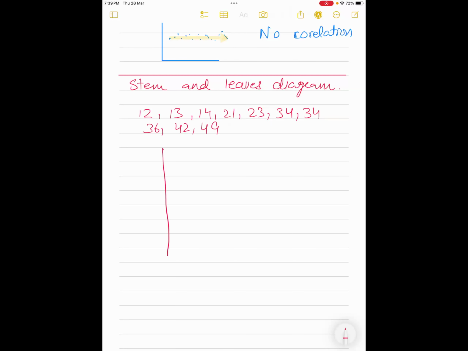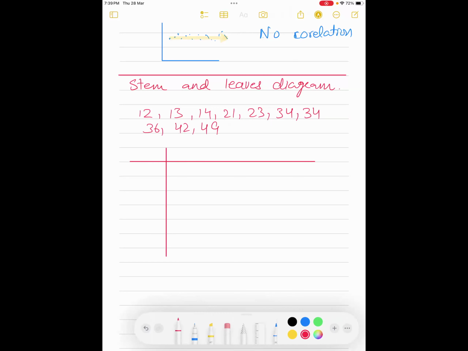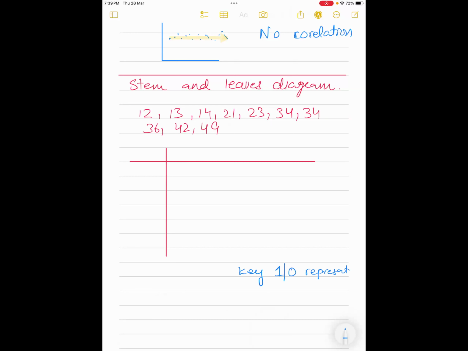Stem and leaf diagram is writing numbers with stems and leaves in different positions. So I need a key here and I will show it to the examiner that 1 slash 0 represents 10. So I have 1 as a stem, 2 as a stem, 3 as a stem, 4 as a stem. Right, everybody?